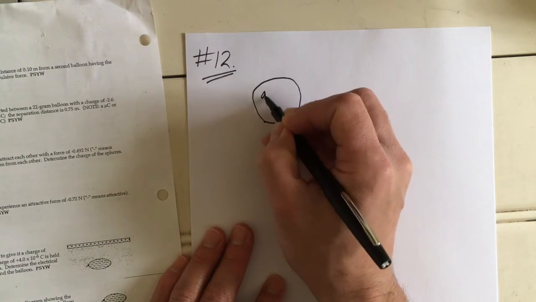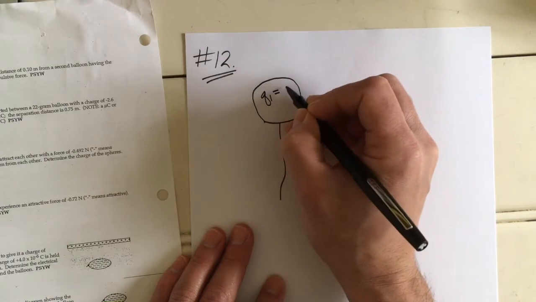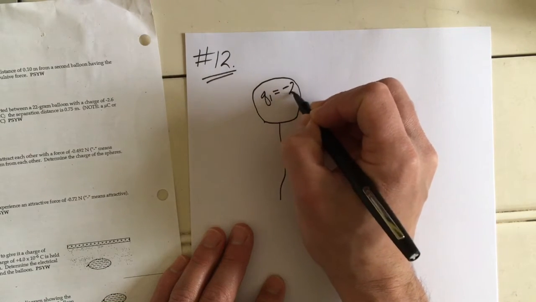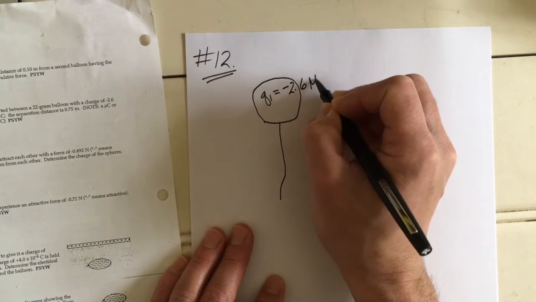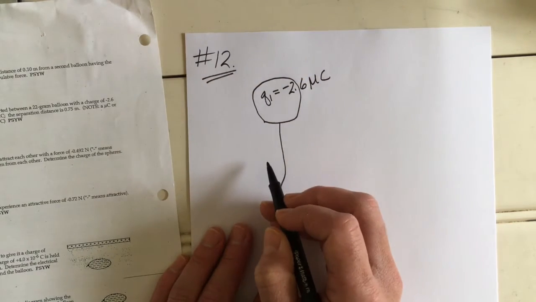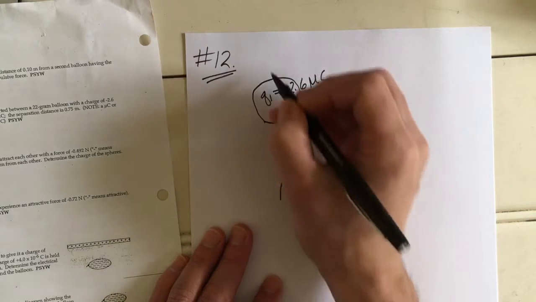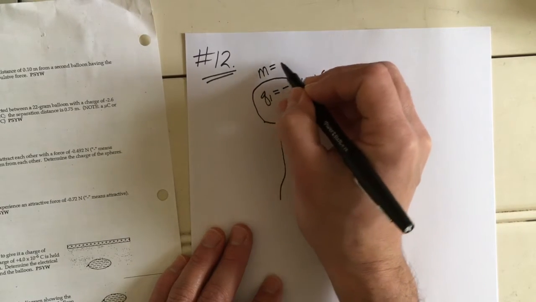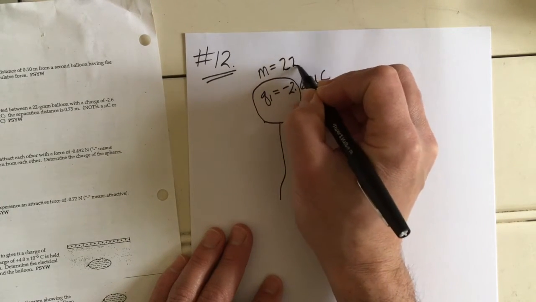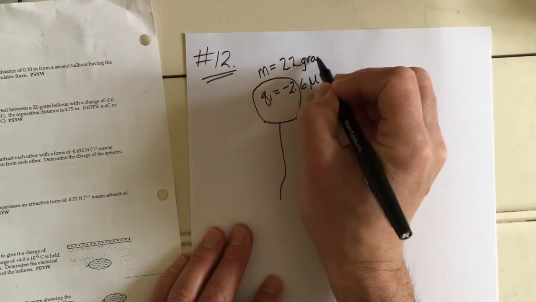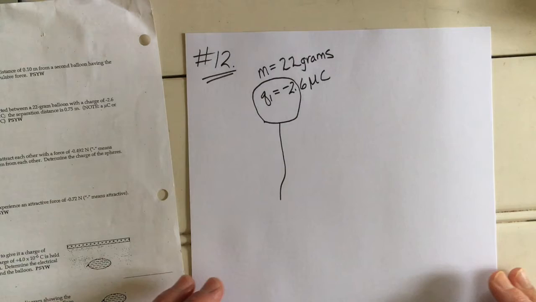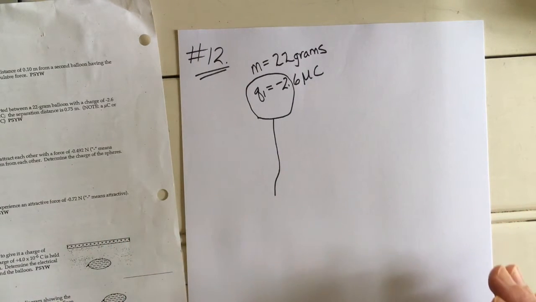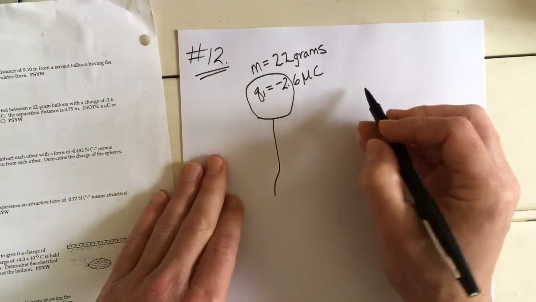We'll call this charge 1, and it's going to equal negative 2.6 microcoulombs, and it has a mass of 22 kilograms, or sorry, 22 grams. I don't remember seeing mass anywhere in our electric force calculations, so it's probably not going to matter, right? And it says, and a wool sweater.